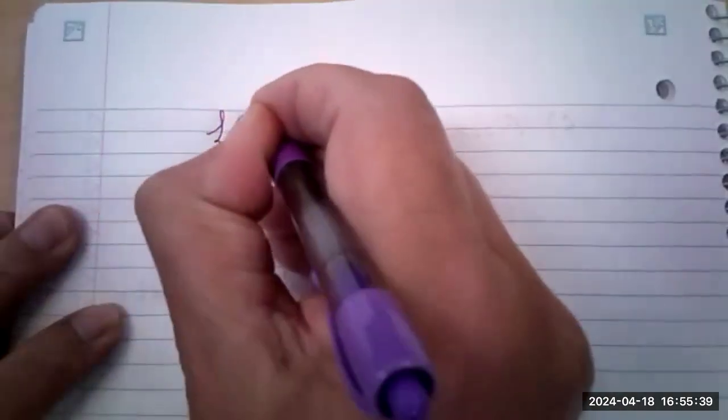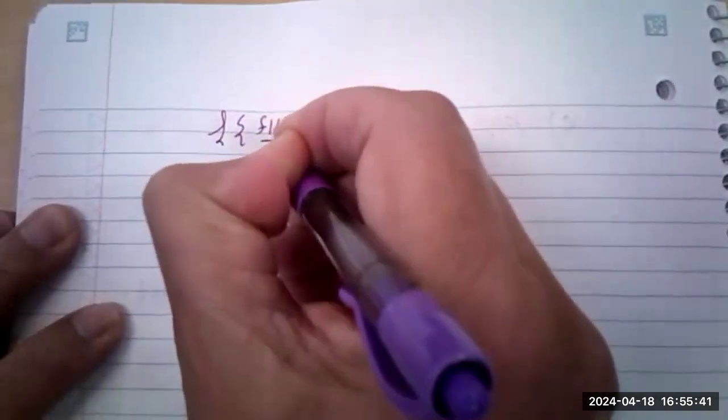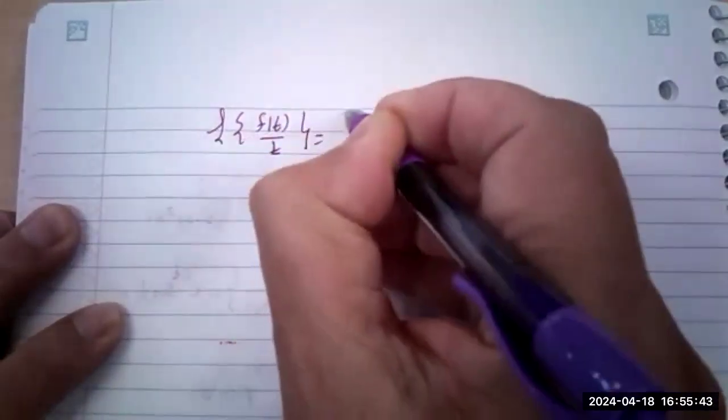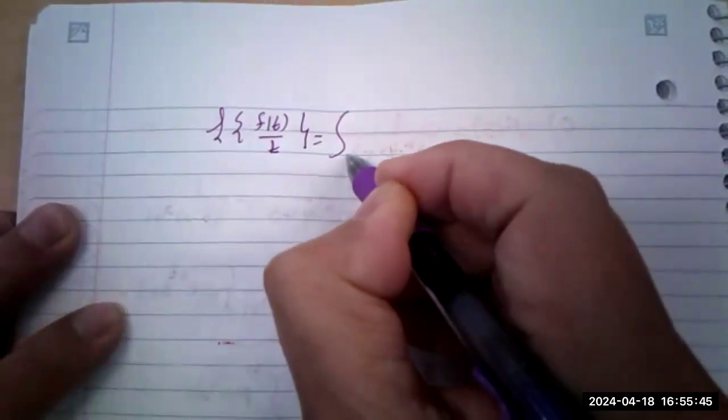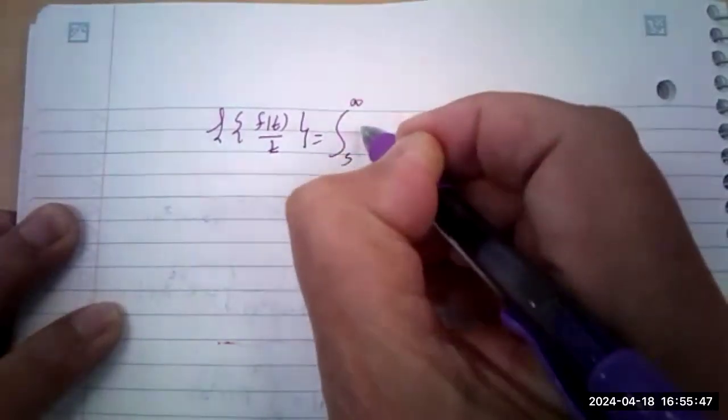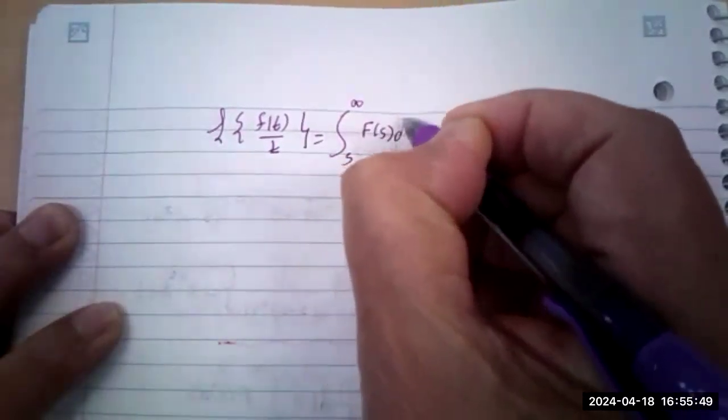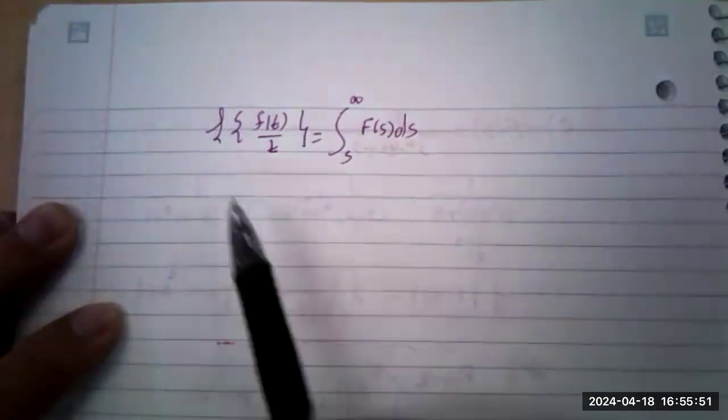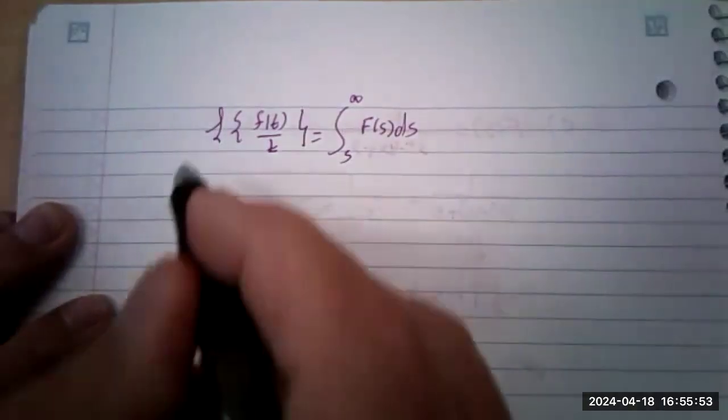So I repeat it again. I have Laplace of f of t over t is the integral from s to infinity of F of s ds. The definition of Laplace transform is what?